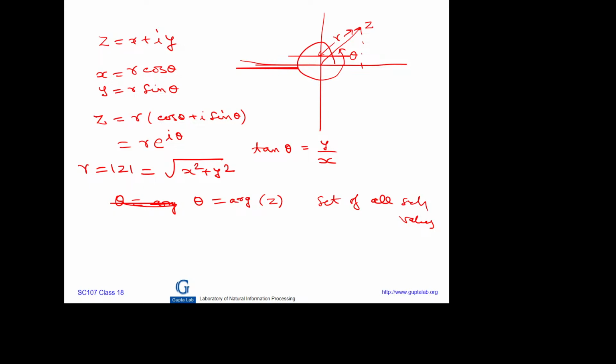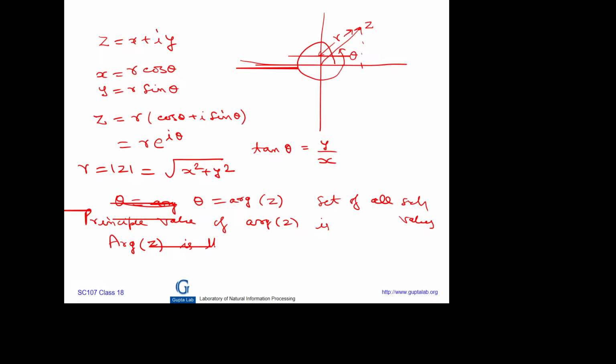So we call it as a principal value of argument of z. Of argument of z is denoted by capital argument of z, right? This. So this is the unique theta. I am just writing it bigger theta, such that minus pi less than theta less than equal to pi.